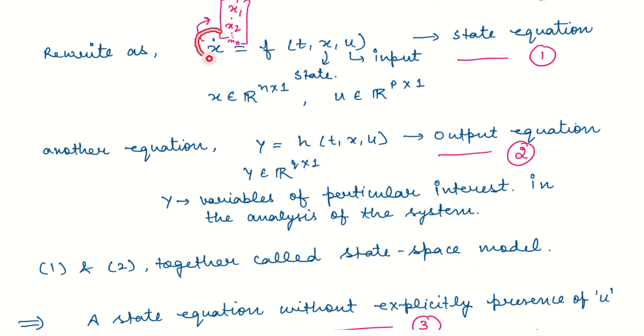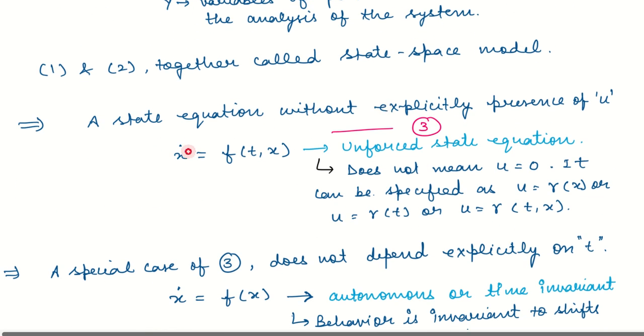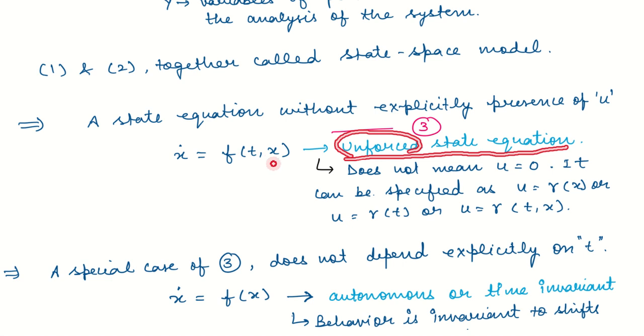Now if I write this equation without the presence of u, then I call this equation the unforced state equation. Why are we calling it unforced? Because u is not present there. It doesn't mean that u is equal to 0.